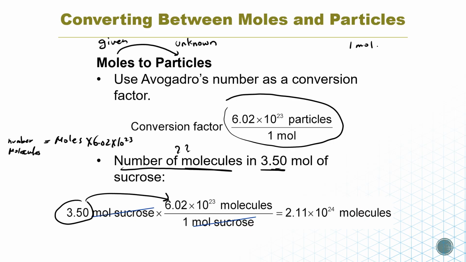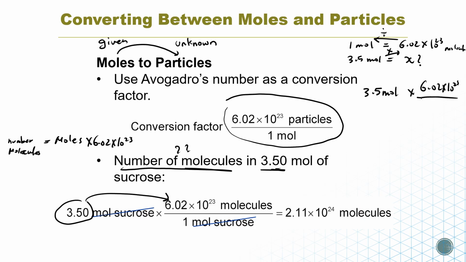I said 1 mole equals 6.02 times 10 to the power 23 molecules, right? So 3.5 mole is equal to how much? So you multiply this and you divide by this. That means 3.5 mole times 6.02 times 10 to the power 23 divided by 1, because we divide by one, right? Here mole and here molecule. The mole goes with the mole. In the end it is this times this. There is more than one way. This is the textbook way, conversion factors.